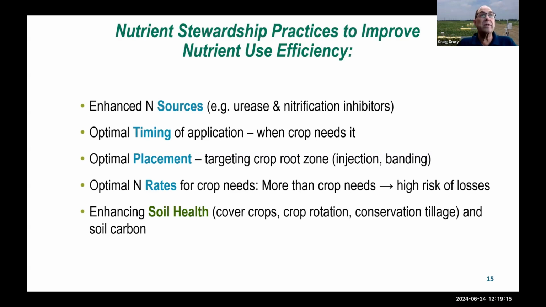We've varied sources of nitrogen, whether it's adding urease or nitrification inhibitors, and timing, whether it's all added at the beginning of the season or we move some of the nitrogen to a side dress. We're looking at optimal placement, targeting the crop root zone. And ultimately, if we can get the system more efficient, we should be able to reduce the nitrogen rates if we've managed to reduce some of the losses.